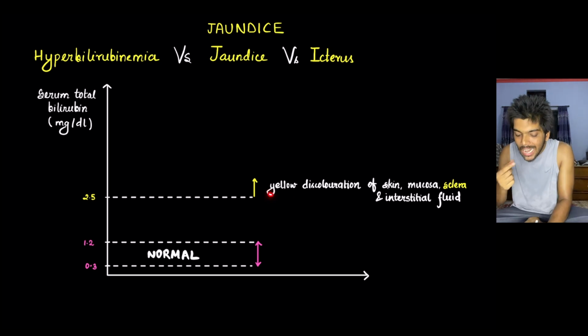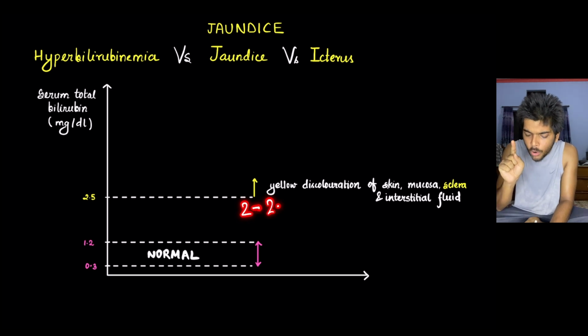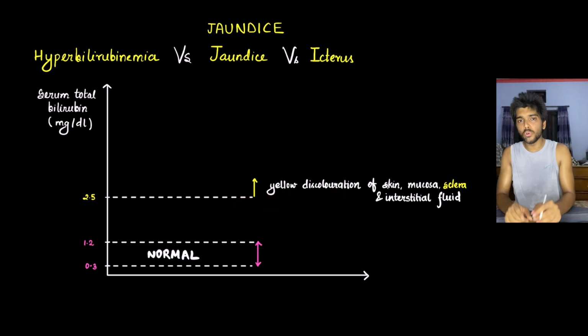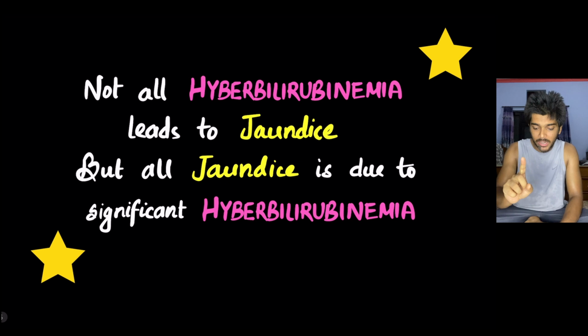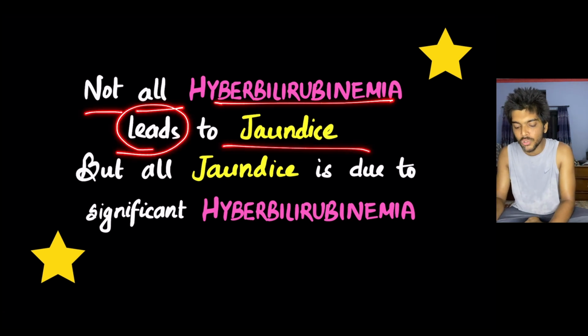But the yellow discoloration of skin, mucosa, sclera, and interstitial fluid due to significant hyperbilirubinemia of at least around 2 to 2.5 milligram per deciliter is referred to as jaundice. So a very important statement here: not all hyperbilirubinemia leads to jaundice.